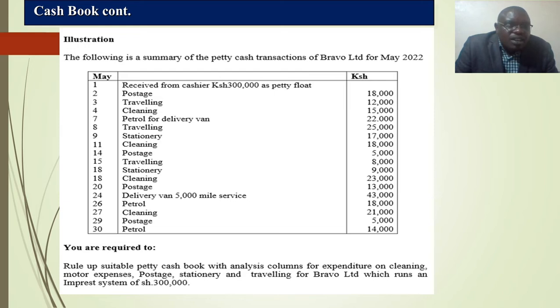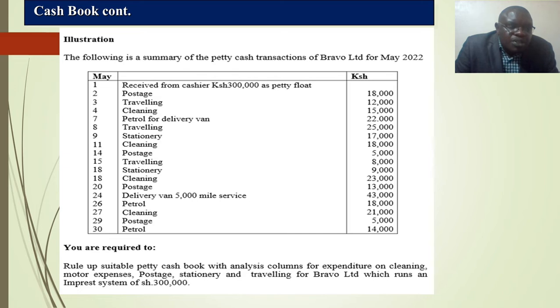On the 11th, cleaning 18,000. On the 14th, postage 5,000. On the 15th, traveling 8,000. On the 18th, stationery 9,000. On the 18th again, cleaning 23,000.